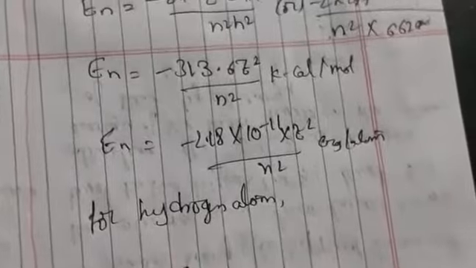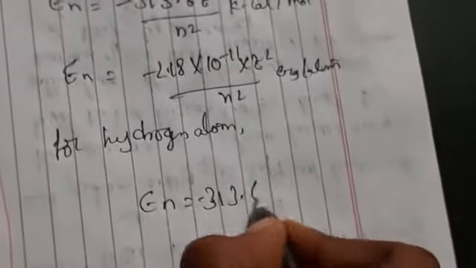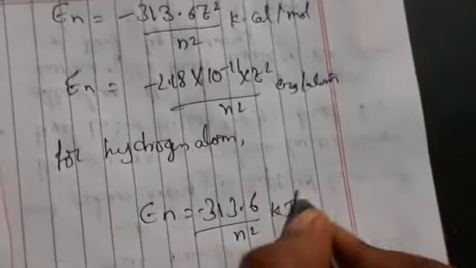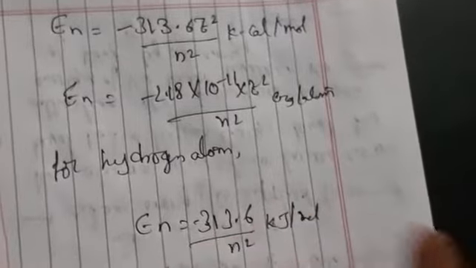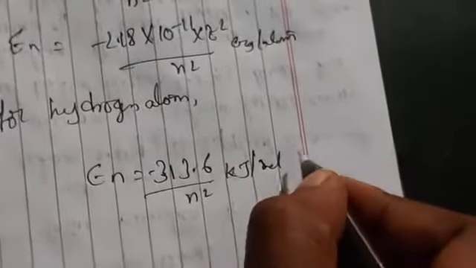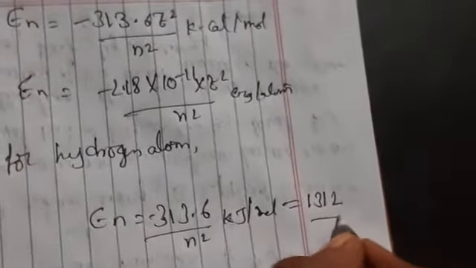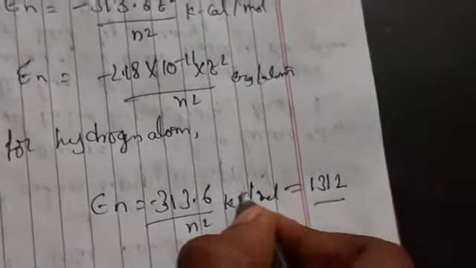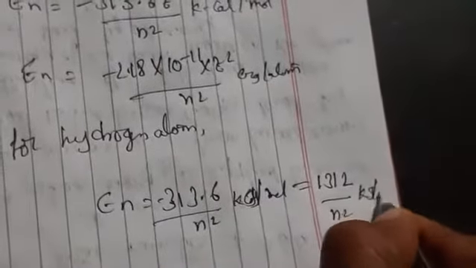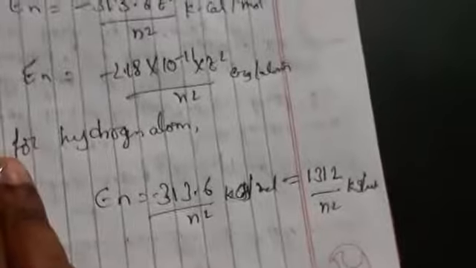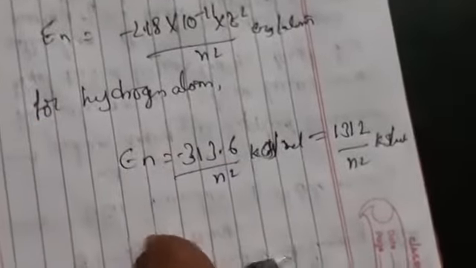Then En is equal to minus 313.6 by n square kilocalories per mole, or 1312 by n square kilojoule per mole. Like this we can calculate, in ergs and in other units also.